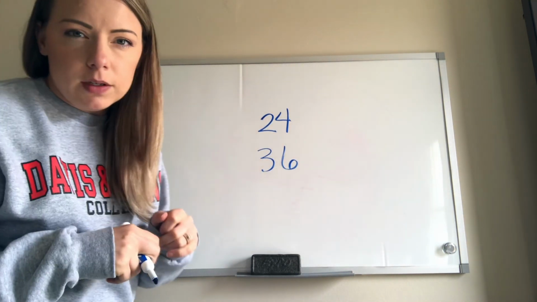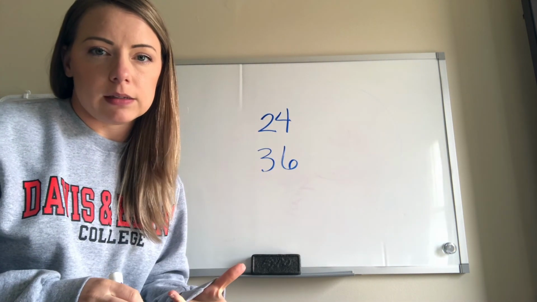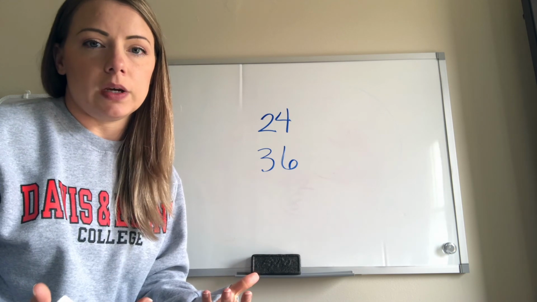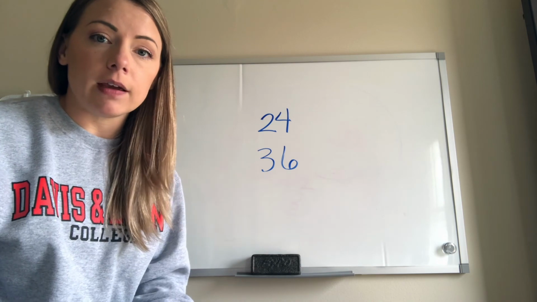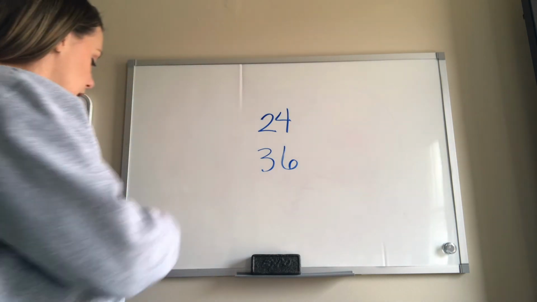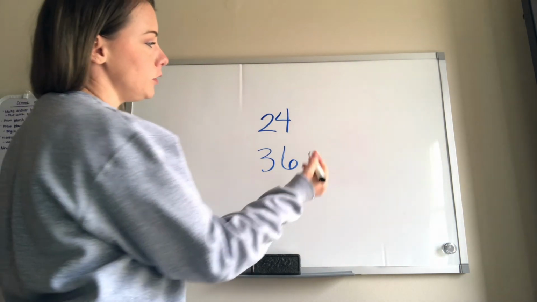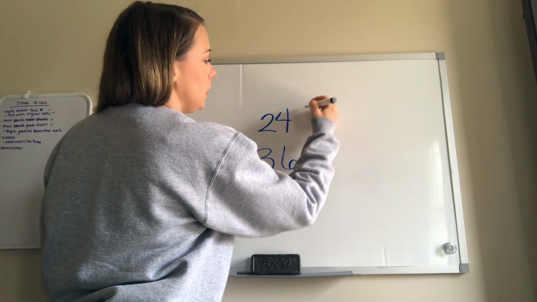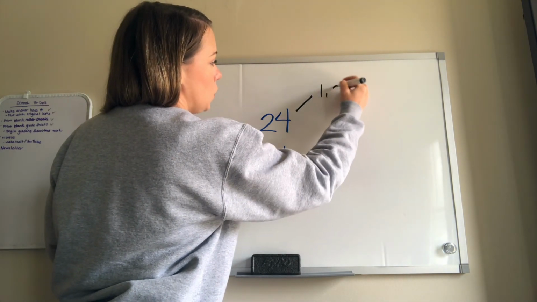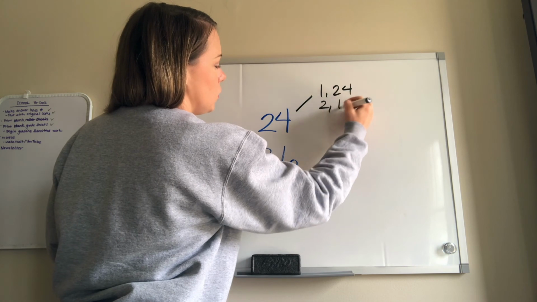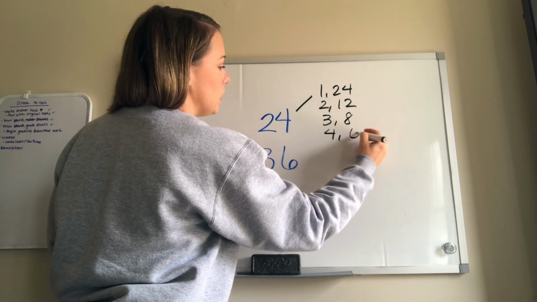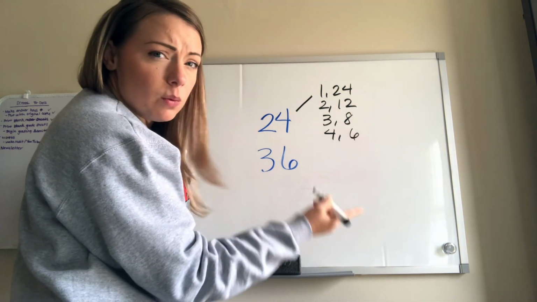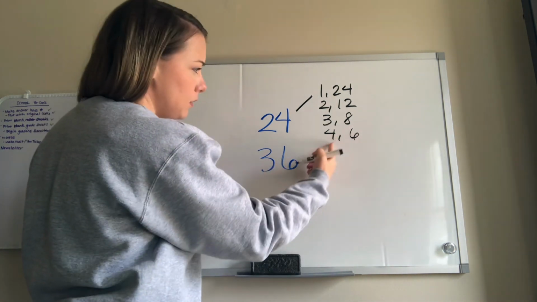If I gave you these two numbers, 24 and 36, and I asked you to think of the greatest common factor, we would have to think of the factors per number. The factors for 24 are 1 and 24, 2 and 12, 3 and 8, 4 and 6, and then we would start going backwards again with 6 and 4, and so on.